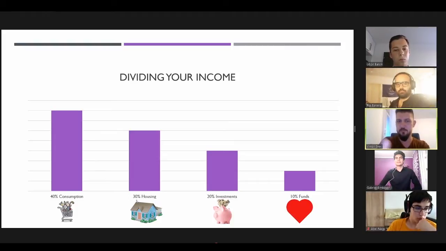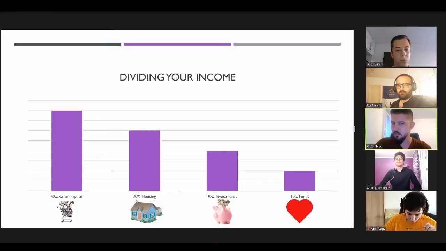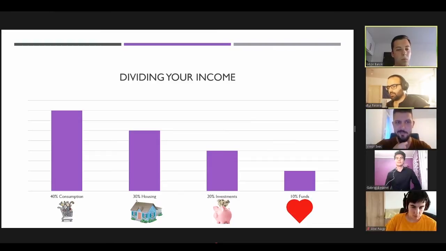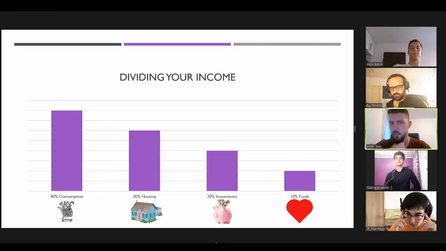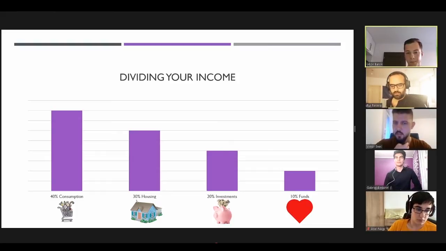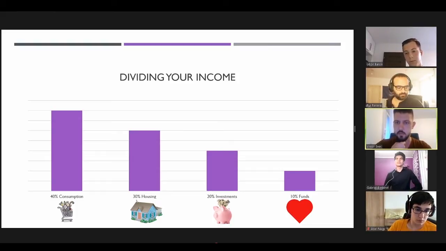And if I consider that the 20% investment is the money I'm putting away somewhere to save, then I still don't follow this, because I don't think that 40% of my income goes to consumption. Yeah, I wouldn't say I spend 40% of my income on consuming stuff either. Housing, okay, approximately fits. Investment, yeah, sure, even maybe more.